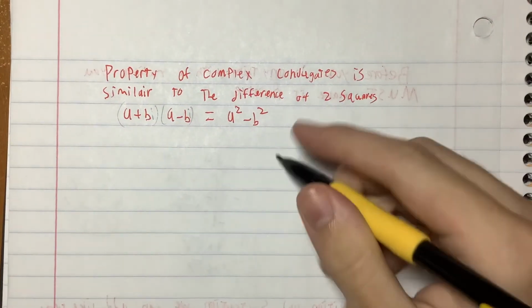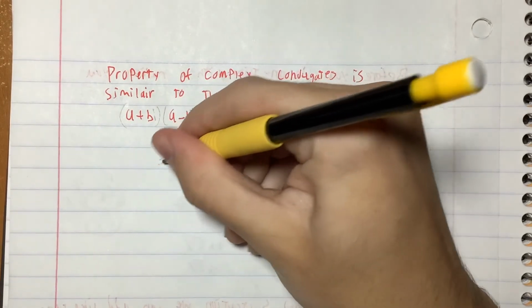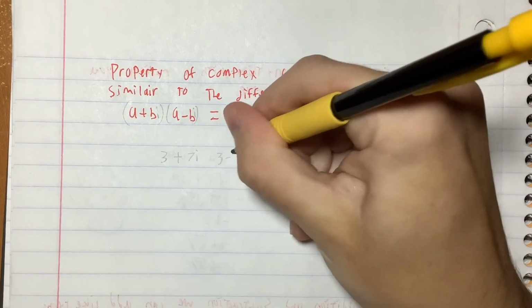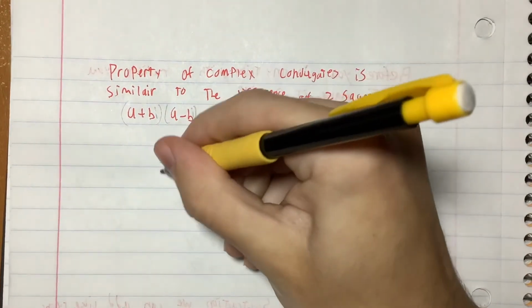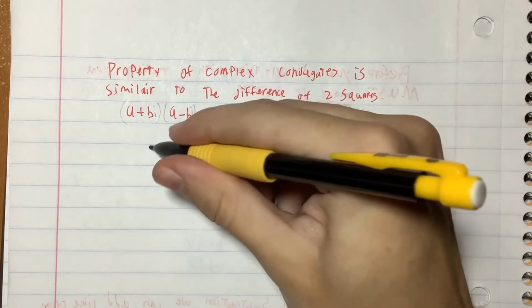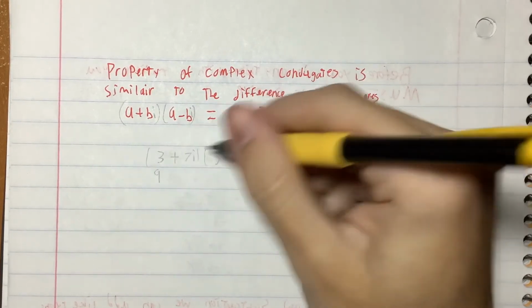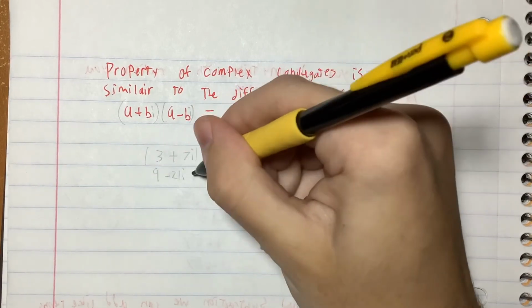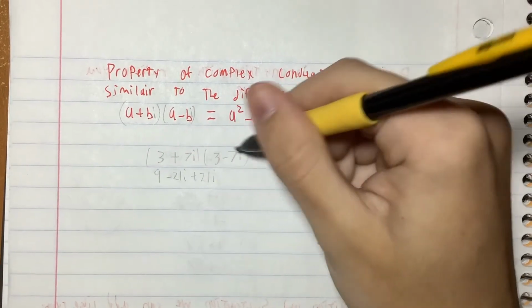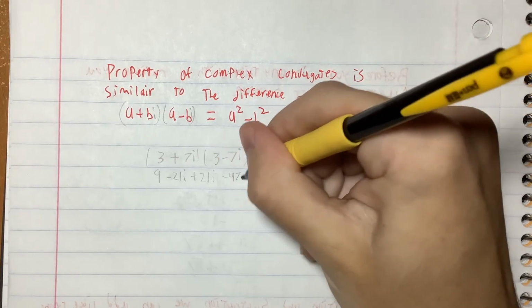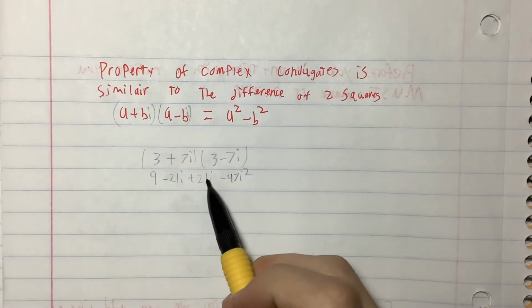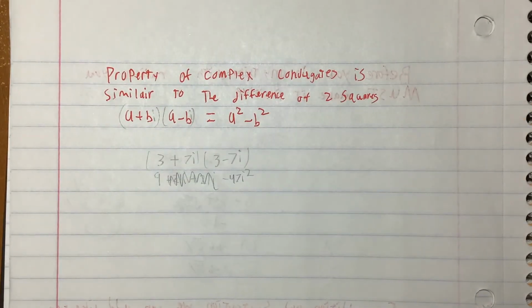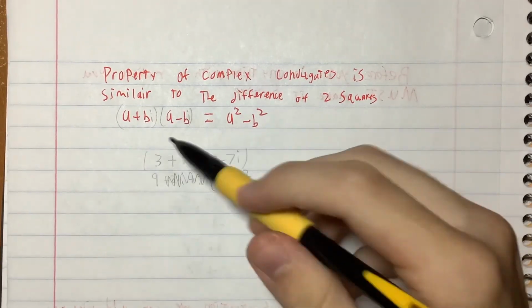So 3 plus 7i and 3 minus 7i. So this would equal 9. And if we were to FOIL it completely, we'd get first 9, outside, minus 21i, inside, plus 21i, and last, negative 49i squared. Now, these cancel out, so we do have exactly this equation.